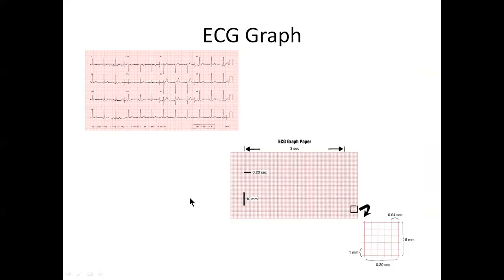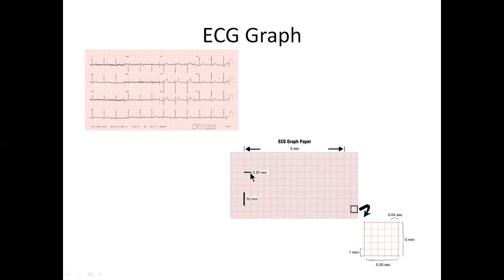Next, let's look at the ECG graph itself. The first thing you have to pay attention to is the calibration. Is it calibrated properly? You should check on that, and usually it will be like 2 squares up.